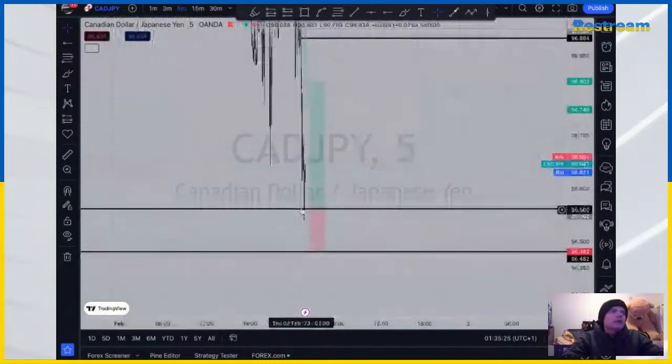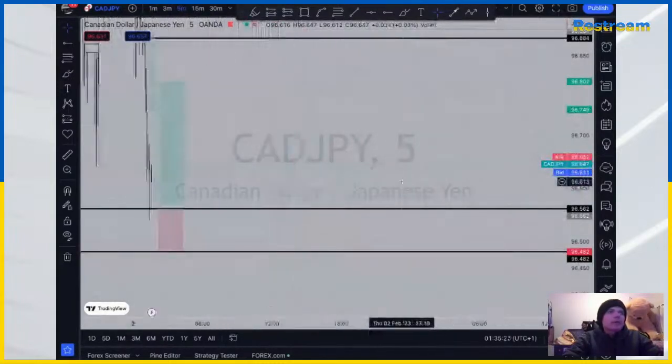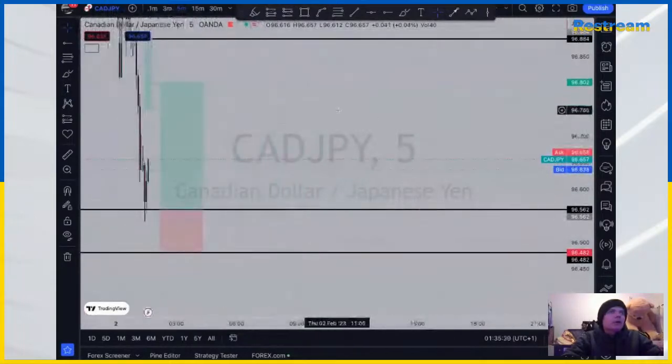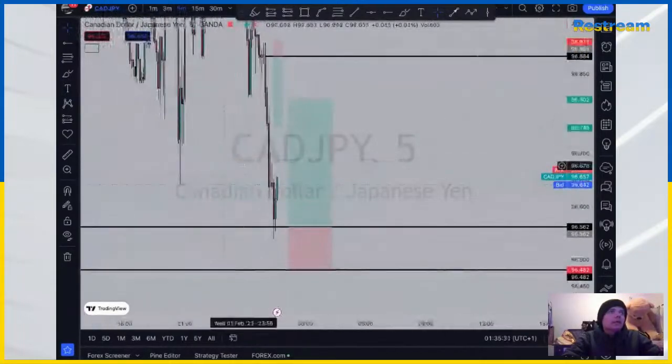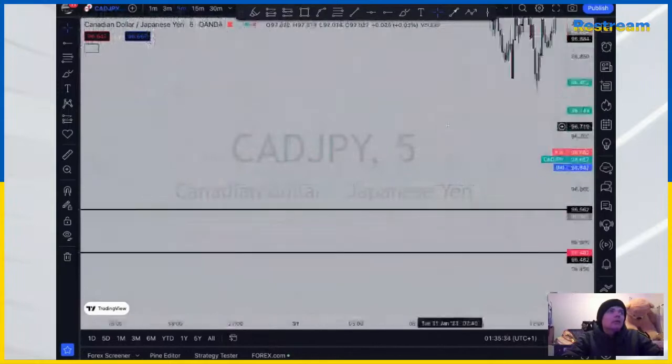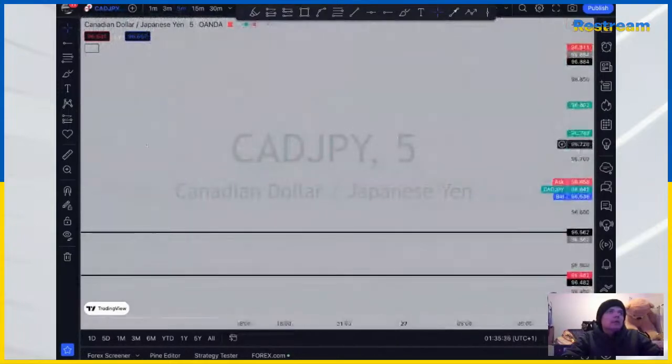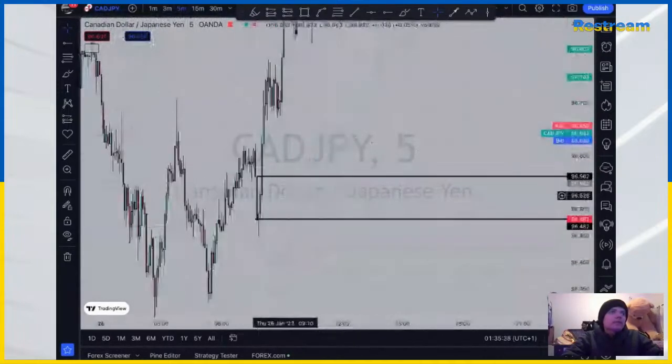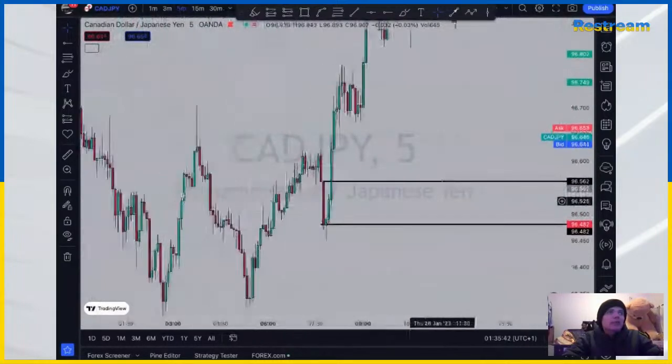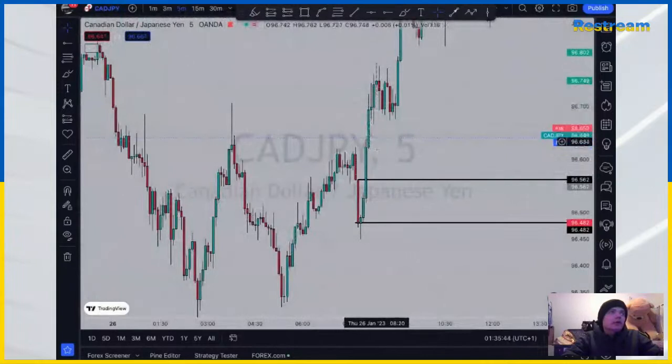Okay, so yes, this is the 5-minute time frame, and it did mitigate it, and it's right there. This is the candle that I'm going off of, because this is the candle that had the break of structure, right there. This is the move that happened after this candle was placed. So I took that candle.